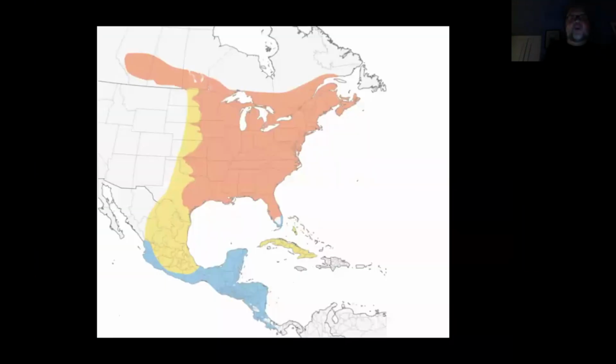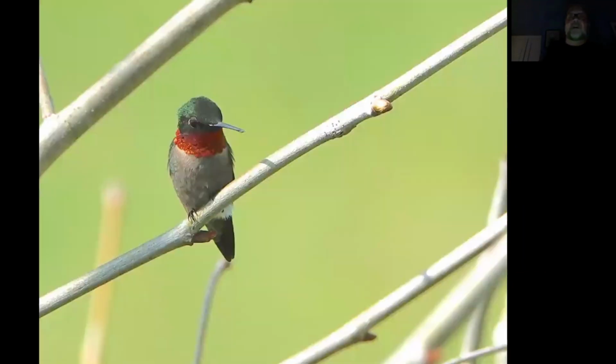And one more, really remarkable neotropical migrant non-songbird that we all love very much, our ruby-throated hummingbird. Really remarkable that many of these birds will migrate up to 2,000 miles each direction in migration.